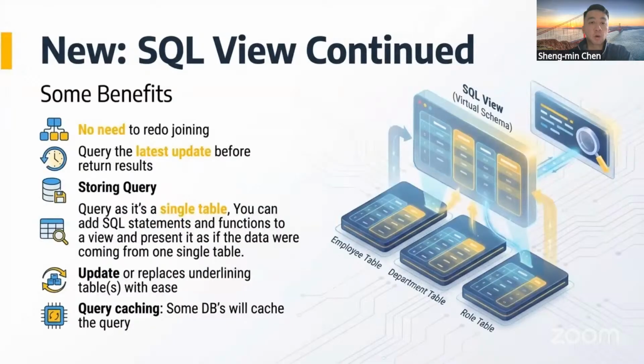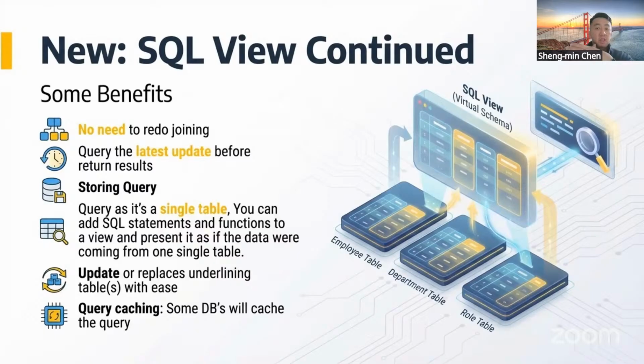Query caching. Some databases have a way to smartly cache. As we mentioned, a view always gets the newest data, but some databases have a way to smartly keep some of the old data as long as it's still accurate.